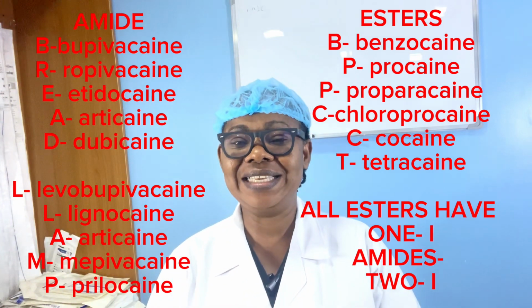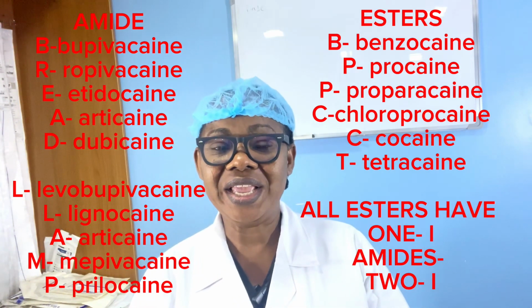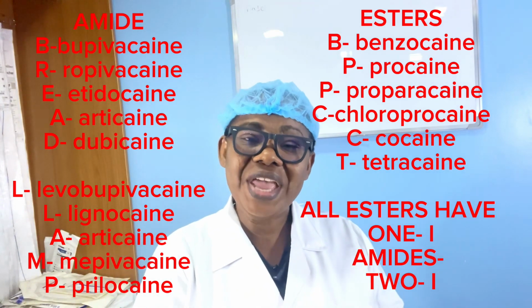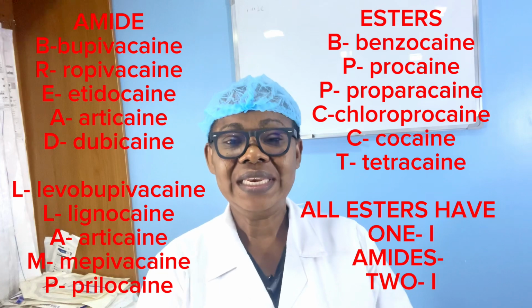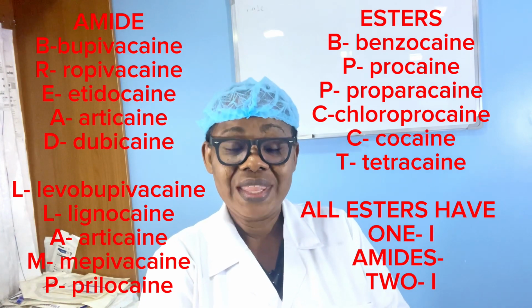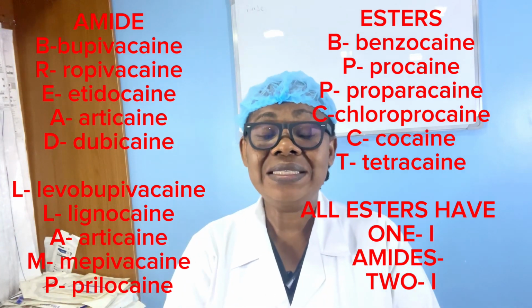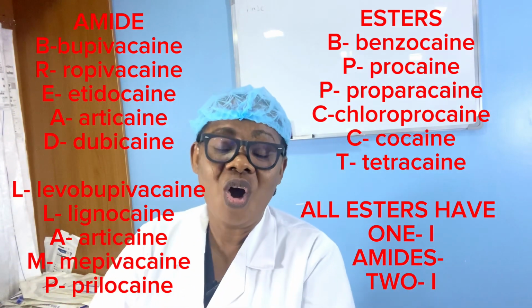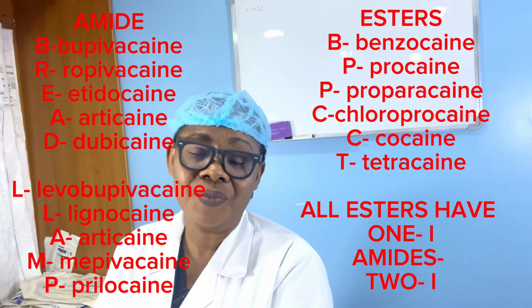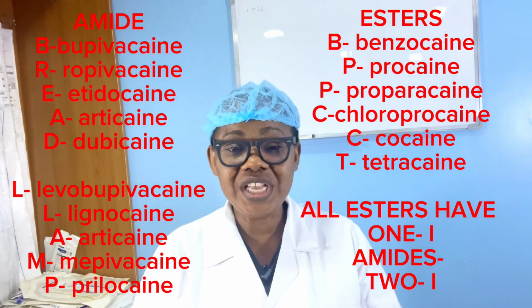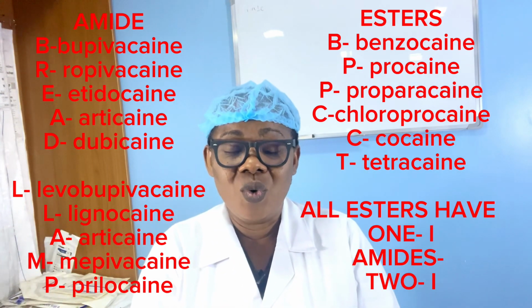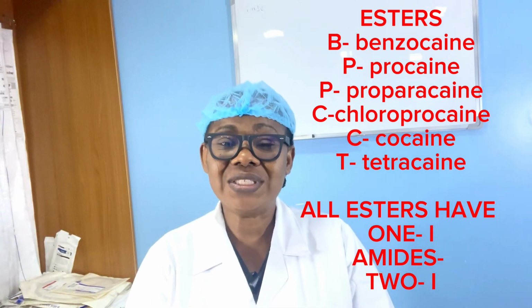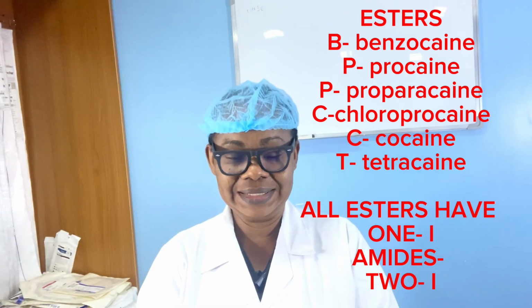You know what that pKa is? pKa is the pH at which the ionized part of a drug, the one that is water soluble, and the unionized part, which is the lipid soluble, are equal. The pH at which these two are equal is referred to as pKa, and this pKa determines the onset of action of local anesthetic agents.